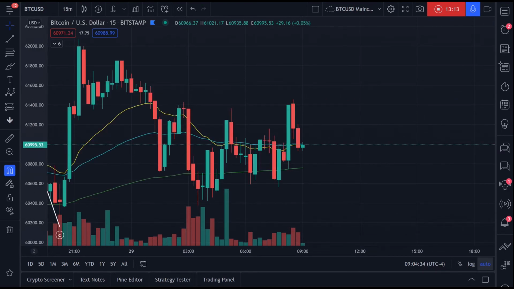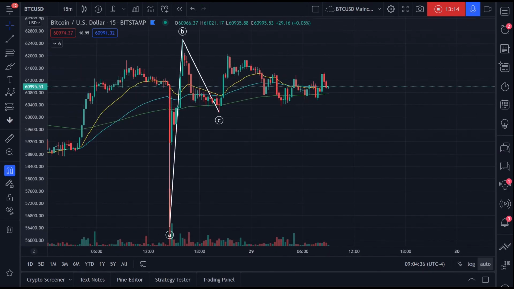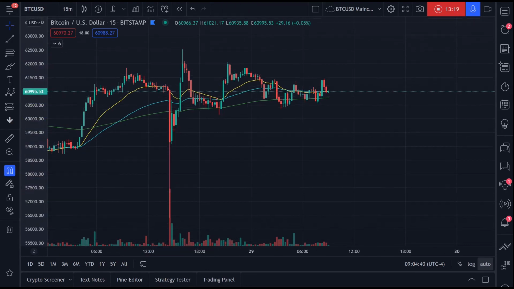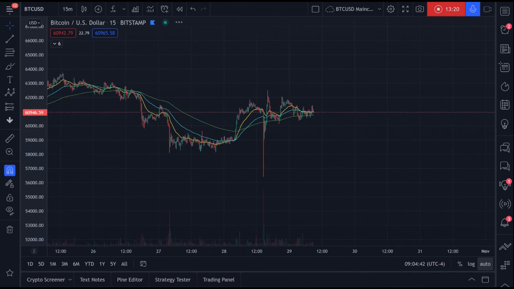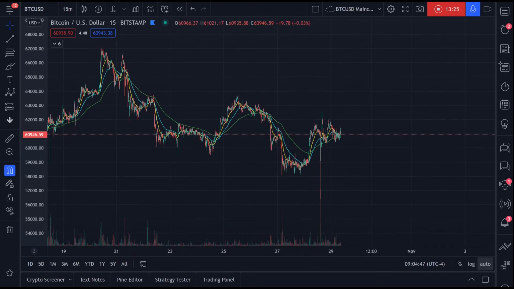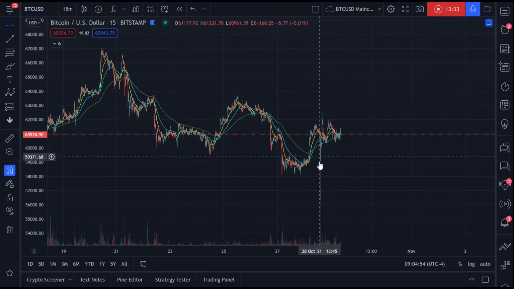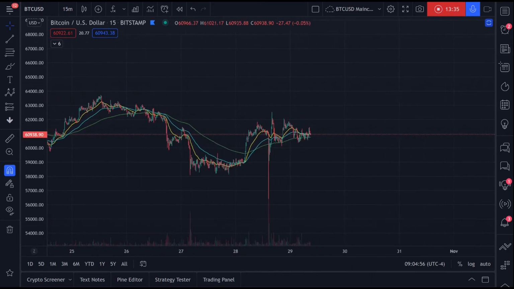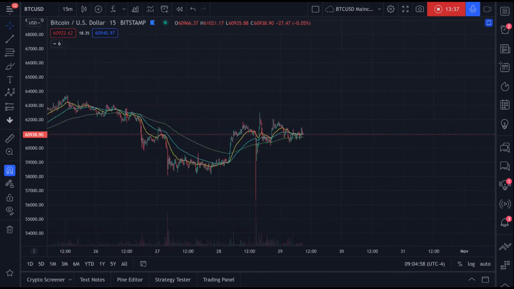So yesterday, we discussed how Bitcoin was looking like it was in a correction, and we were targeting 64K, and then we got this huge liquidation, right?